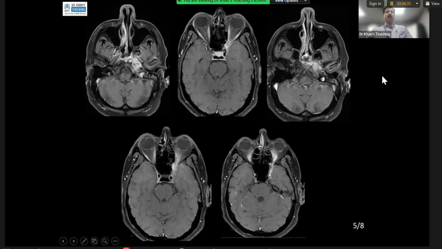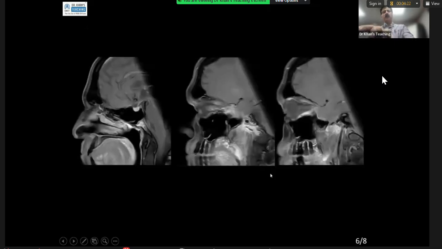So look for that also. That should be your pertinent negative: I can see the normal signal void of the internal carotid, but I can see this enhancement. There is cavernous sinus thrombosis.